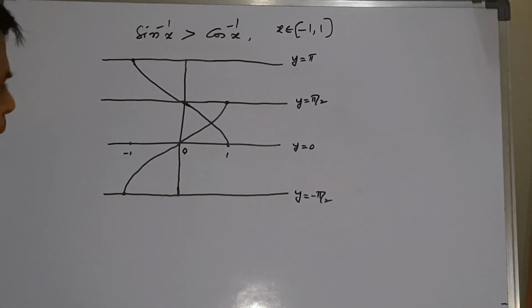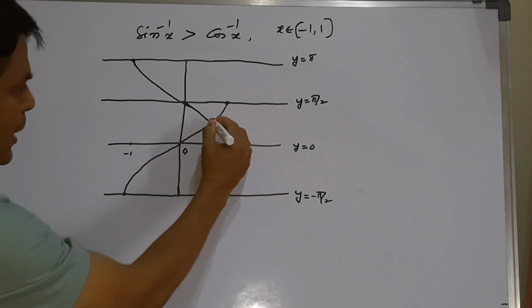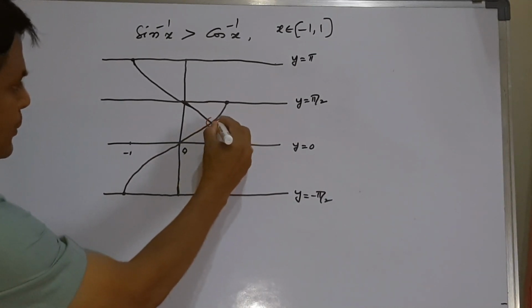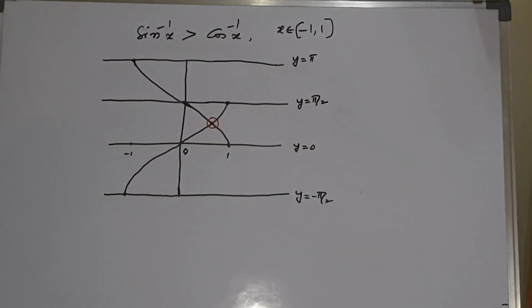At which point are they intersecting? They are intersecting at this point. What is that value we need to calculate? Sin inverse x must be equal to cos inverse x. We know that sin theta and cos theta are equal for theta value pi by 4.